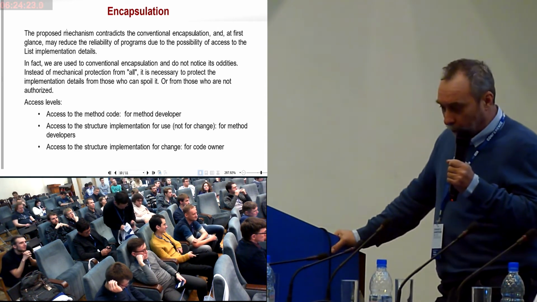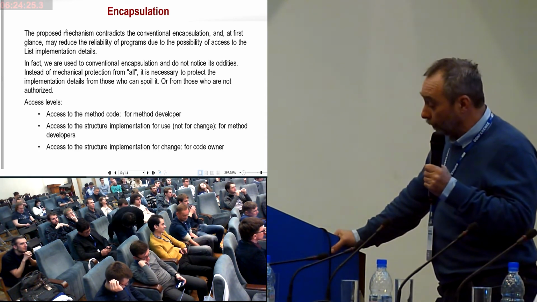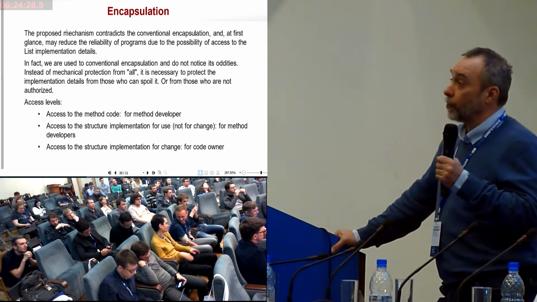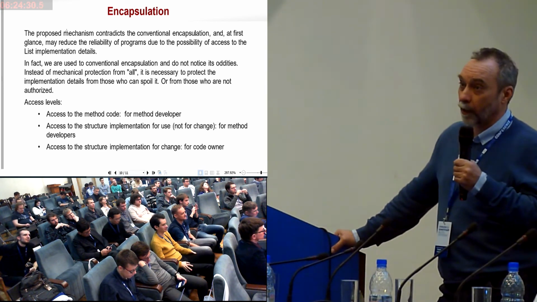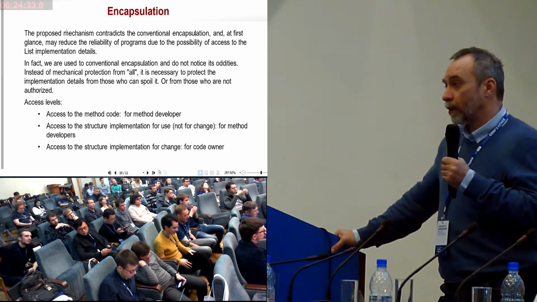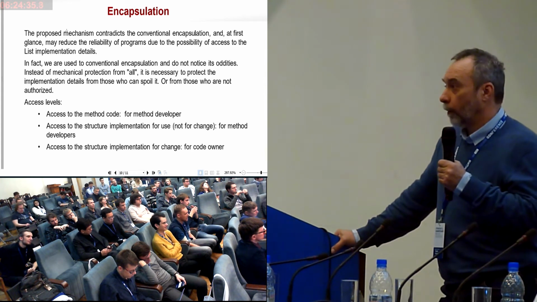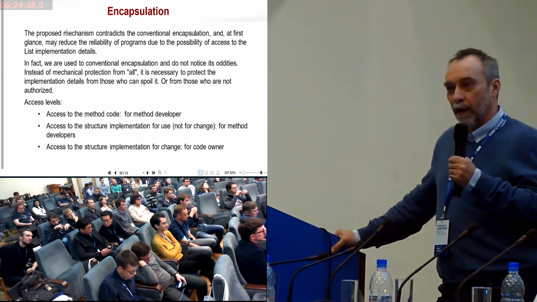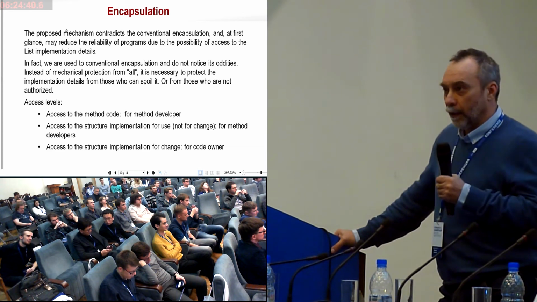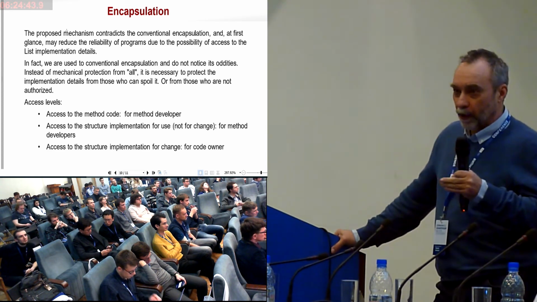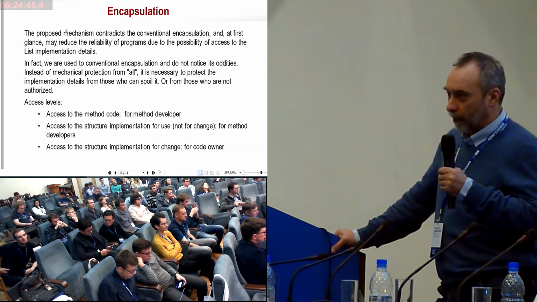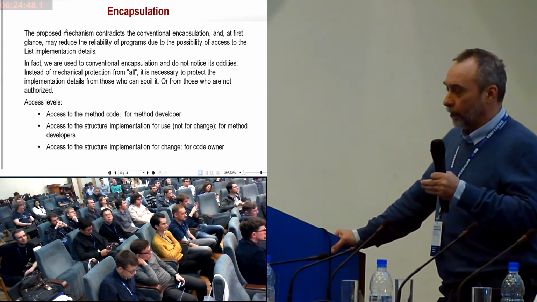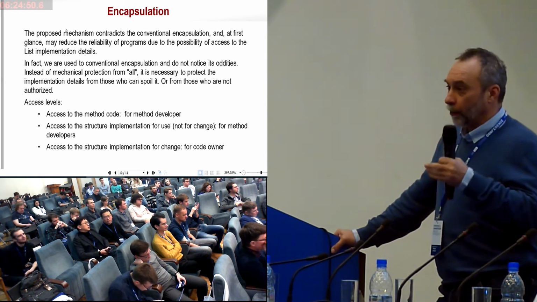I think, as a person who wrote a lot, especially in this type of language, mechanical static encapsulation, I wouldn't say that it's evil, but it's a strange thing, because protecting the content of the structure should be done against those who can spoil it or those who do not have rights to change it, not everyone else.